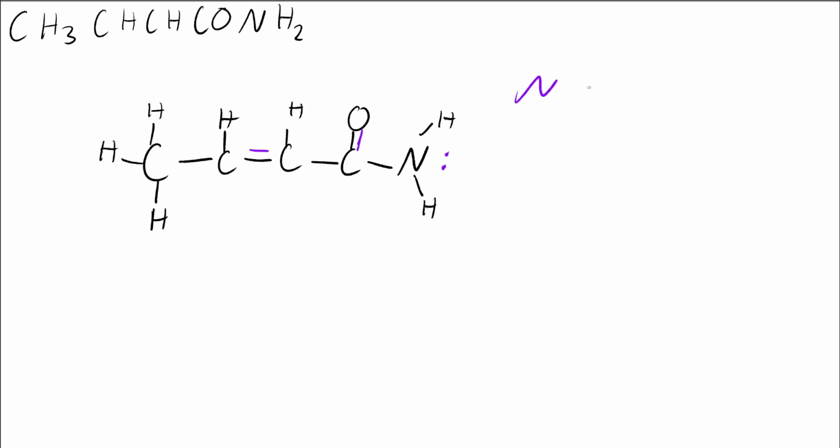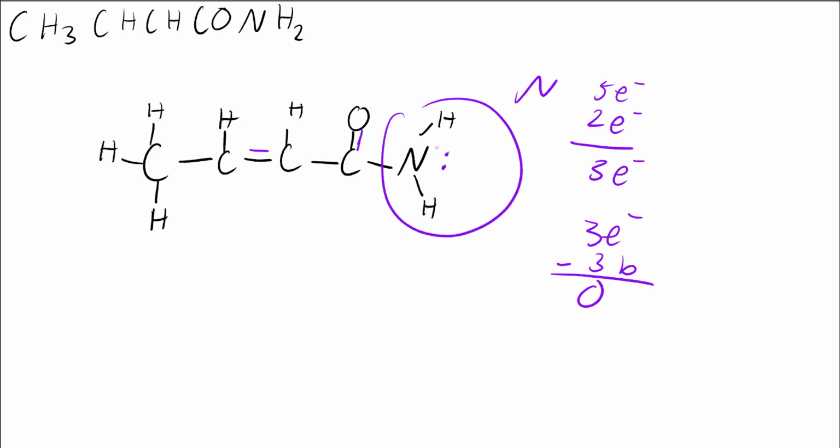Nitrogen usually has 5 electrons. So 5 minus 2 electrons gives us 3 electrons. And we have 3 bonds. Those 3 electrons minus 3 bonds would give us 0. So this whole portion would be neutral. And so this whole molecule would be neutral in itself.